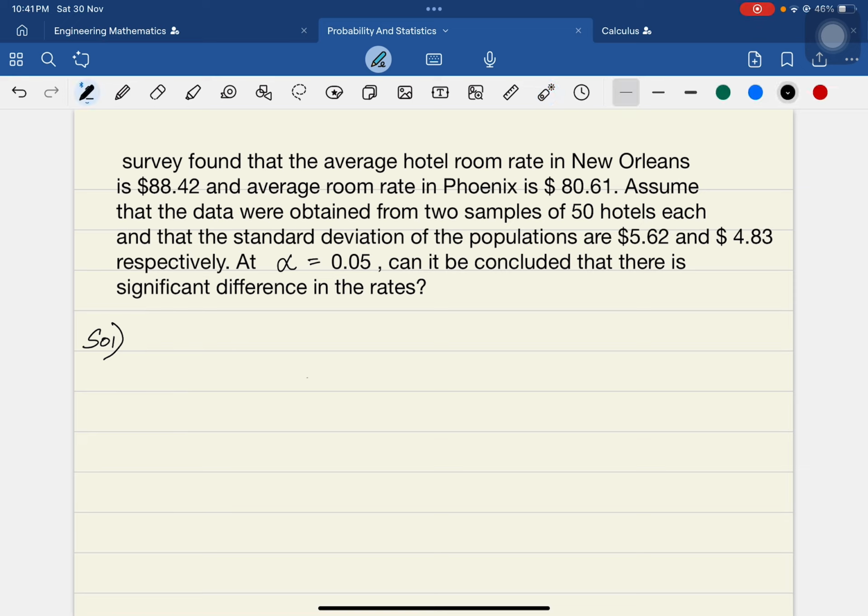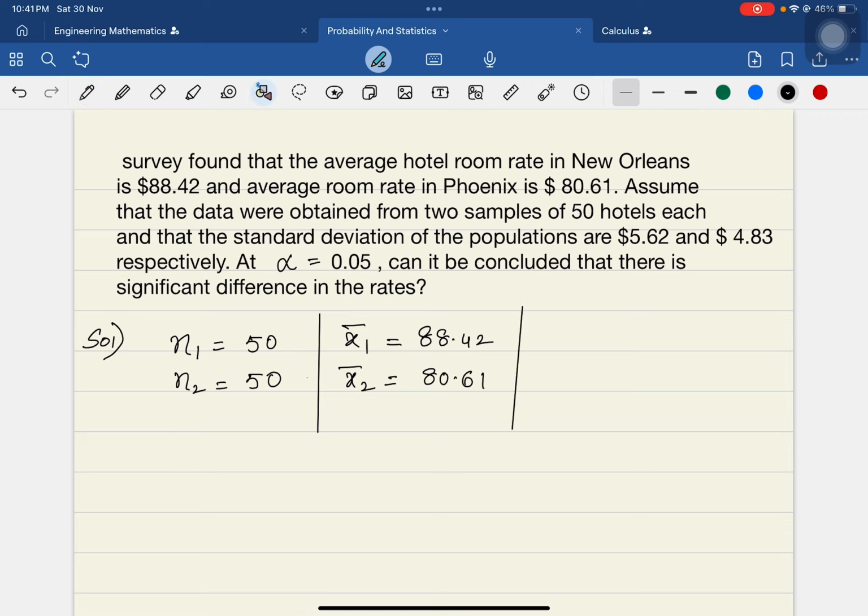Let us look at what was given. The sample sizes are n1 equal to 50 and n2 equal to 50. x1 bar, the mean, is 88.42, and x2 bar is 80.61.